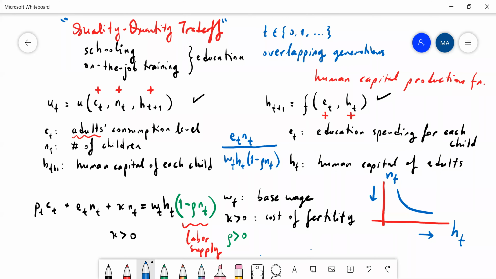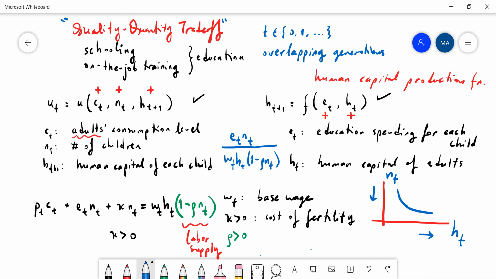But such a model of quality-quantity trade-off makes a lot of sense for Turkey, right? Because we observe something like this in a country like Turkey: when incomes are getting larger, fertility is getting lower, and the share of people with higher education is increasing as well in the very long run.